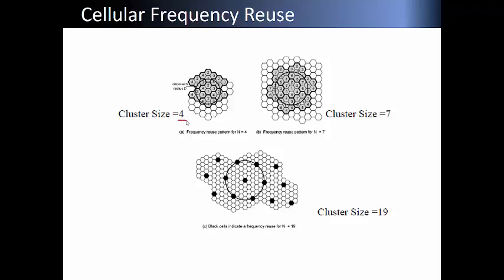No interference means no two adjacent cells are using the same frequency. So if I am in one cell and there are 6 adjacent cells, because we have a hexagon, none of those 6 has the same frequency as mine.